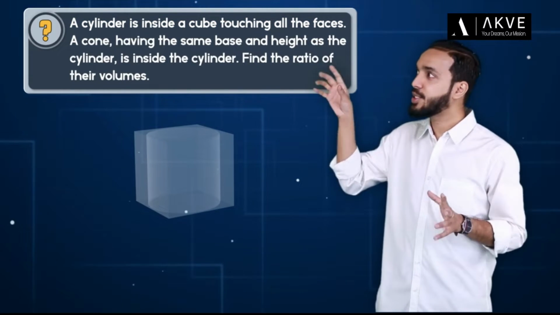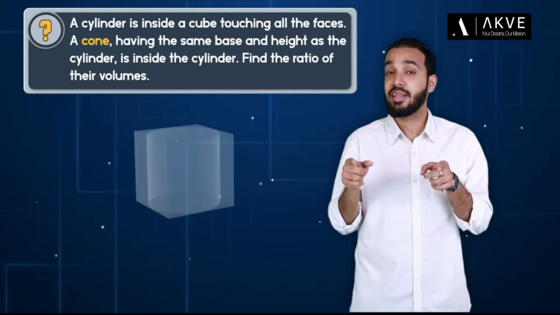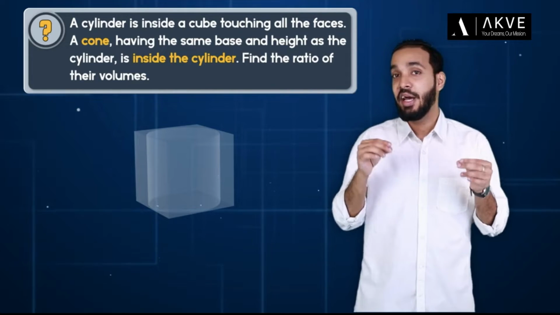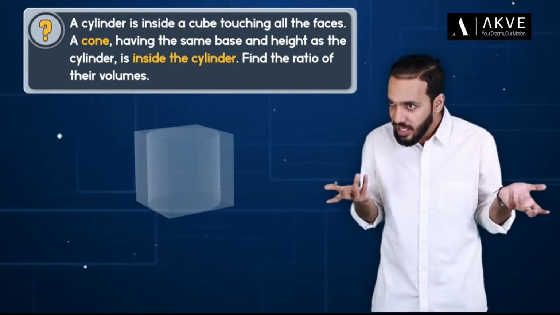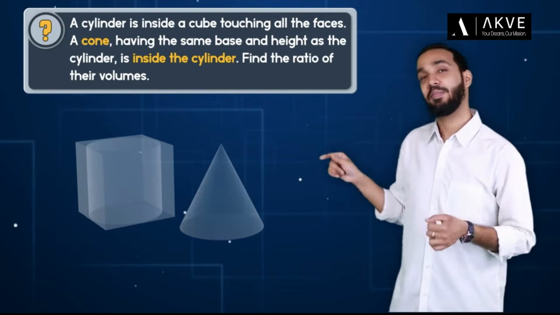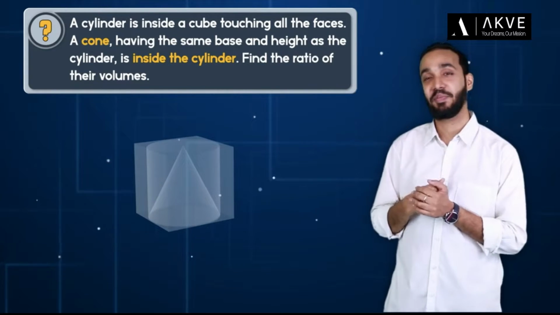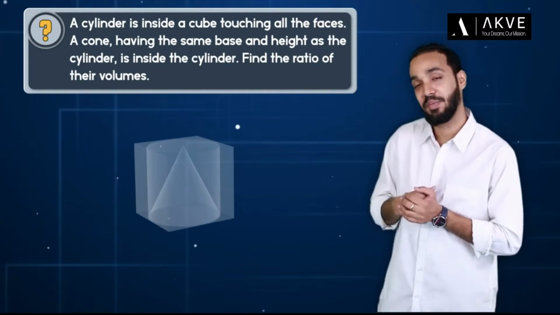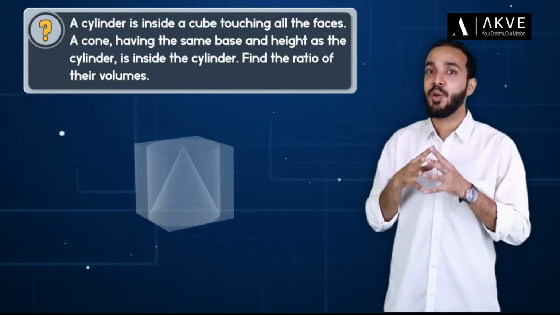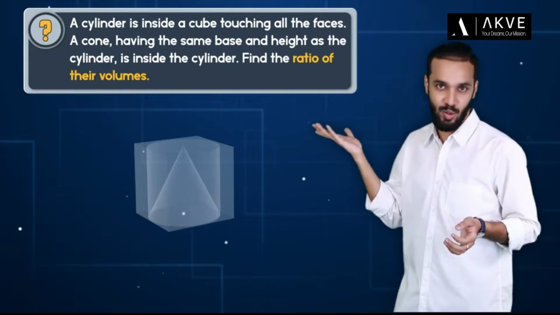Now, the question also talks about a cone that's inside the cylinder having the same base and height as the cylinder. So, let's take such a cone and put it inside the cylinder. See, we have all the three shapes in the arrangement we need. As per the question, we need to compare their volumes, right?